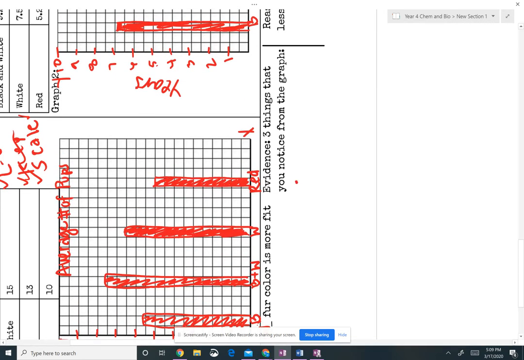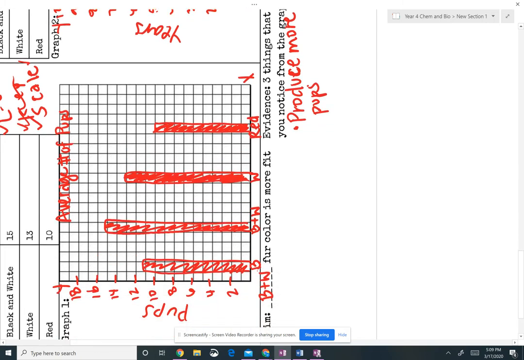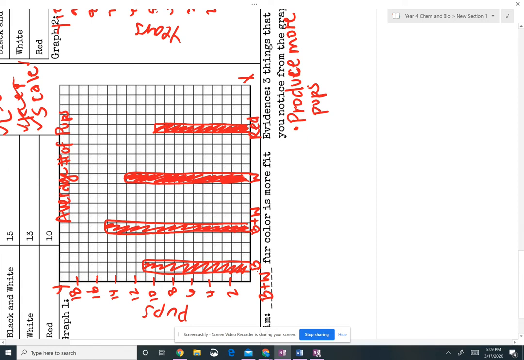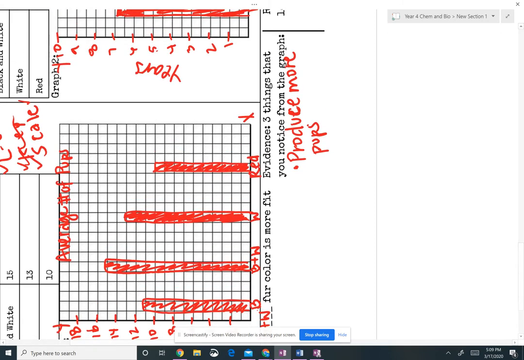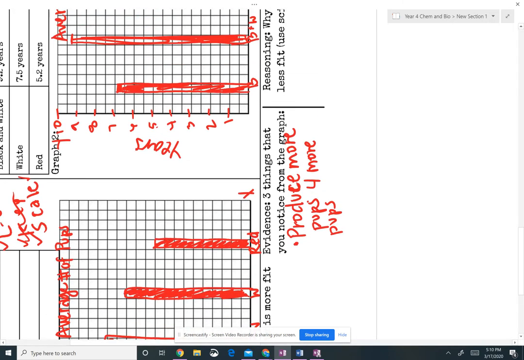And there are a couple of reasons. One, they produce more pups. So we have like 15 versus like 11, so you have like 4 more pups. The second thing is that when you look at survival, they have the longest survival, so we have 9.5 years.